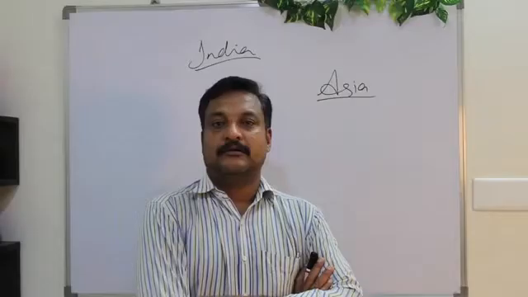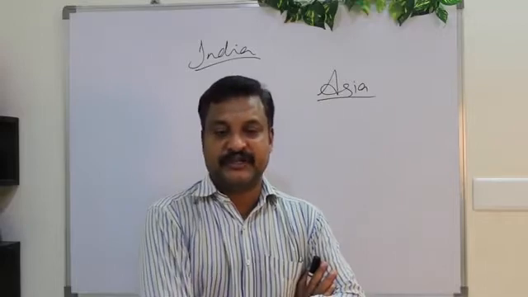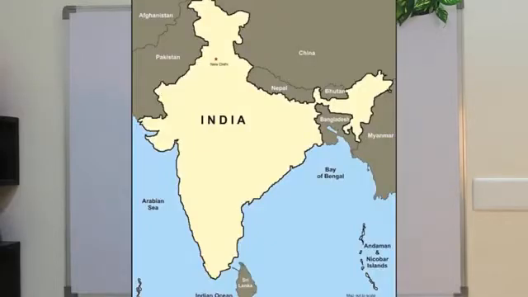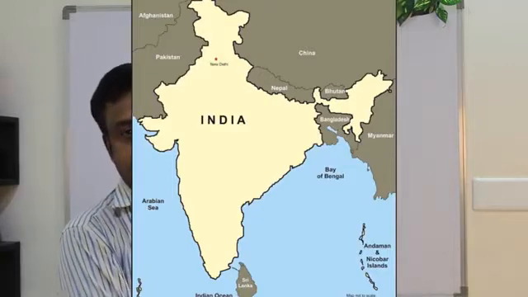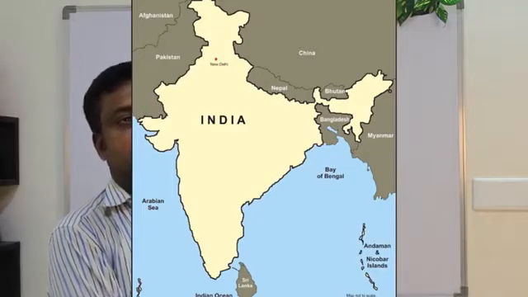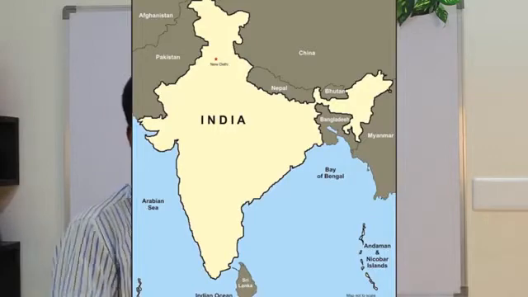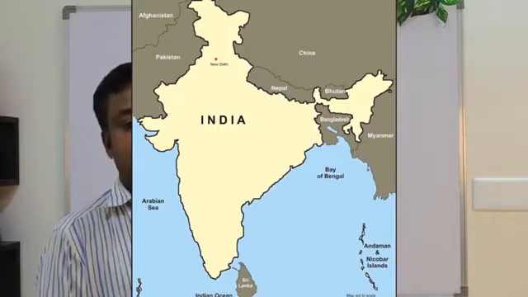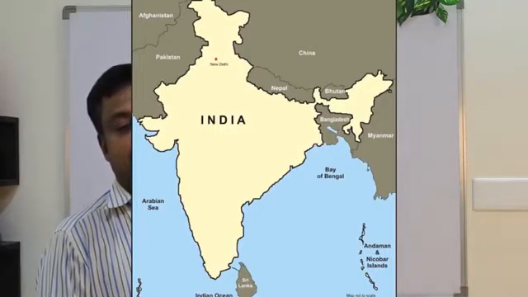right? The other prominent countries in Asia are China, Russia. Russia, we don't share any border with them, okay, leave it. China, Pakistan, Afghanistan, Nepal, Bhutan, Myanmar, Bangladesh and Sri Lanka. So the other countries that lie around India in Asia are Pakistan, Afghanistan.